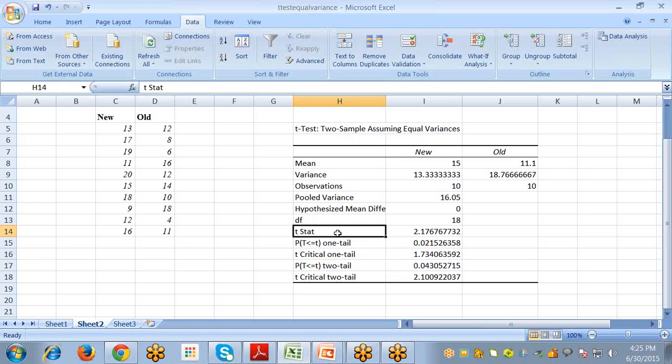But in this case, the t statistic is more than the t critical, so we have to reject our hypothesis. And here is the p value. Here the p value for the two-tail is greater than the alpha level, so we cannot reject this hypothesis.